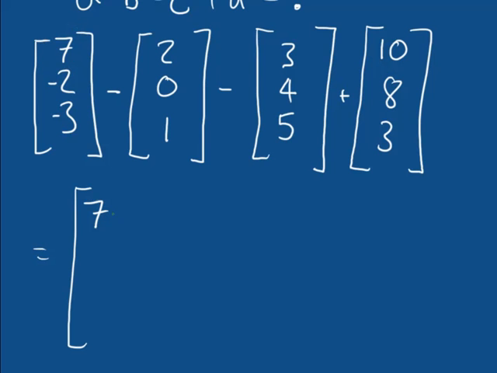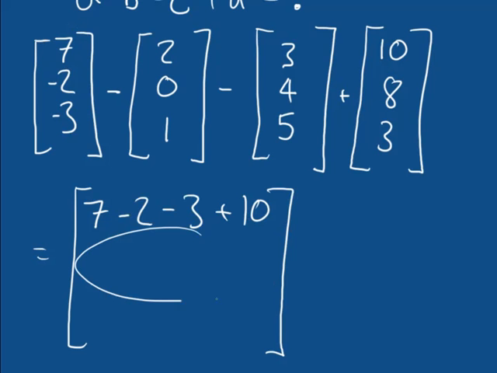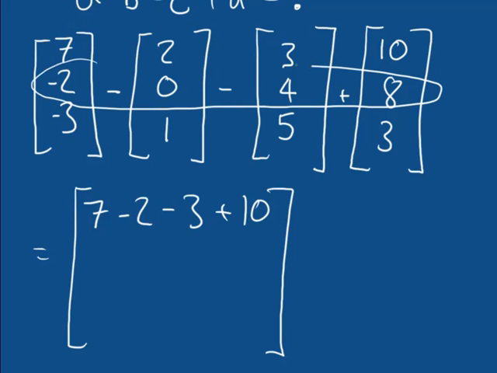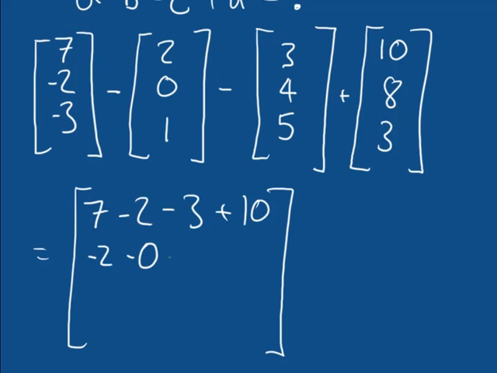For the second component of our resultant vector, we're interested in the second components of our vectors. So we have minus 2, minus 0, minus 4 plus 8.